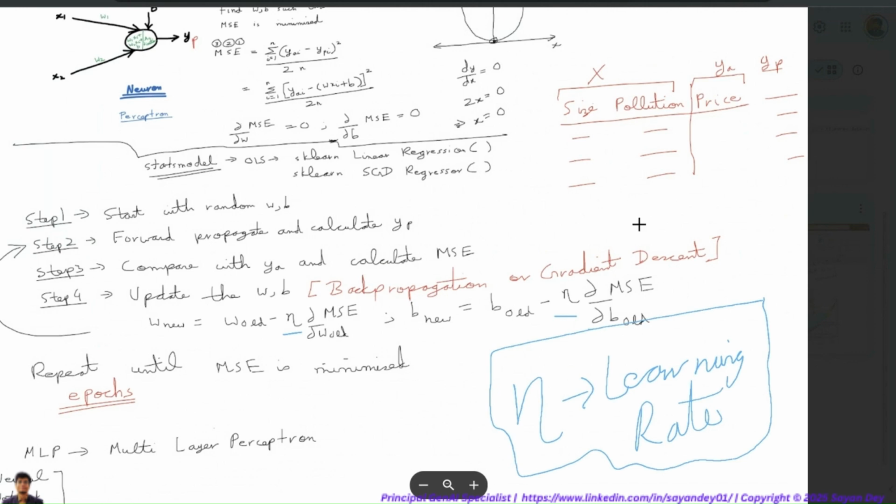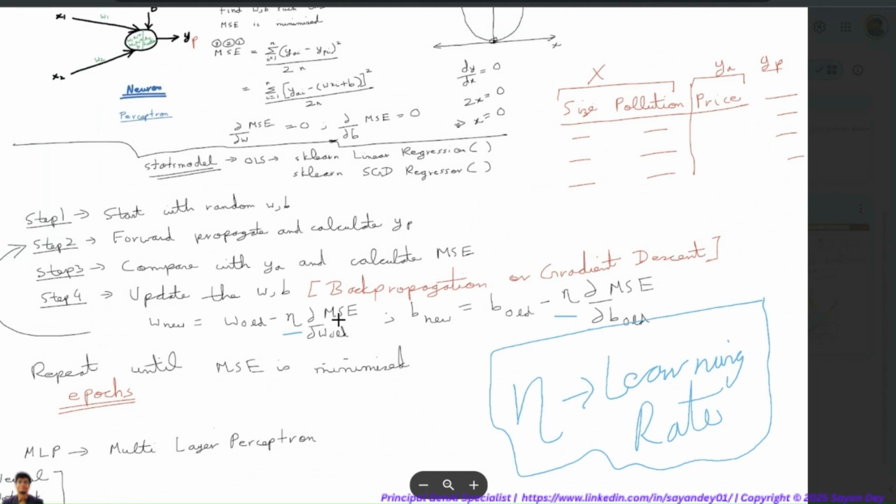If eta is a very high number, then W new equals W old minus this, and if this number is very high, the updates will be too big. This is again a general concept in deep learning at a very high level: we should try to make small updates, not very big updates. As you update the weights and biases in your neural network, try to keep the update small.